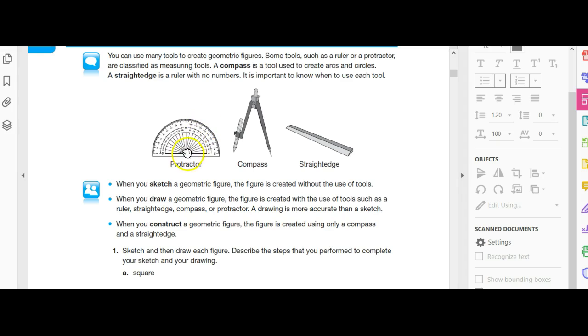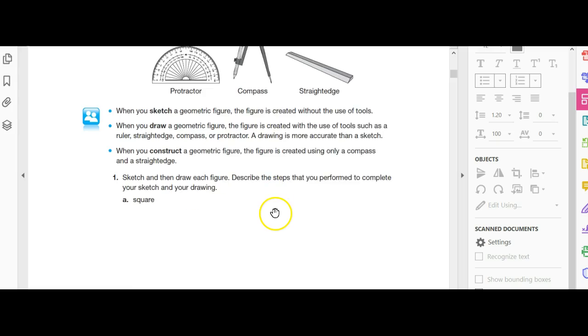Or I measure the angle to make sure I get the right angle that I'm looking for here. And generally speaking, a sketch is not usually very good, but a drawing is usually pretty good. It's a lot more accurate than a sketch. After that, we have constructions. When we do constructions, we're only using a compass and a straight edge, okay?